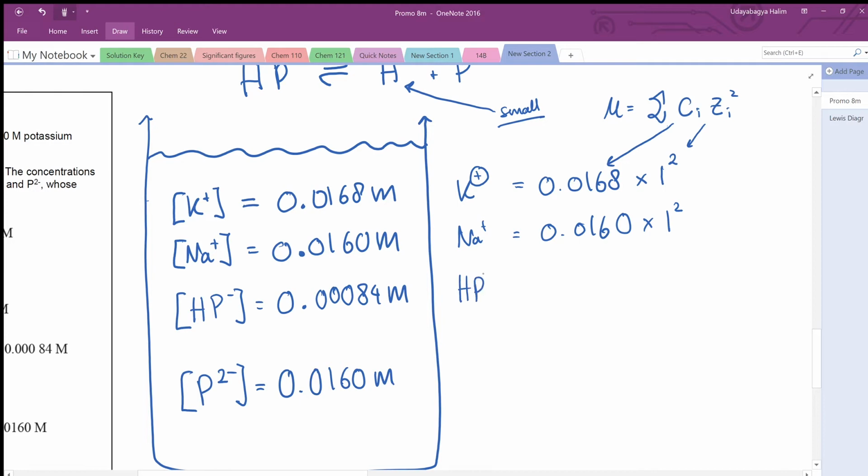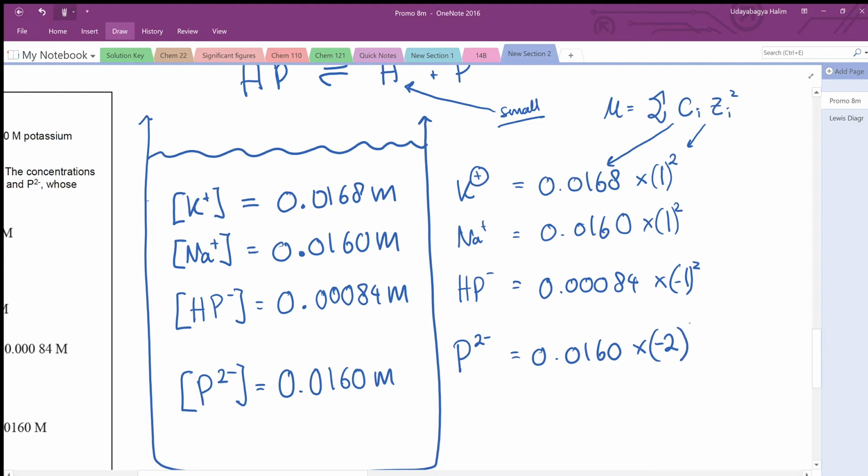HP minus is going to be 0.00084 times the charge of minus 1 to the power of 2, so 1 to the power of 2 as well. Because negative 1 to the power of 2 is just positive, we don't really care about the sign. And the last one, P2 minus, is going to be 0.0160 times negative 2 to the power of 2.